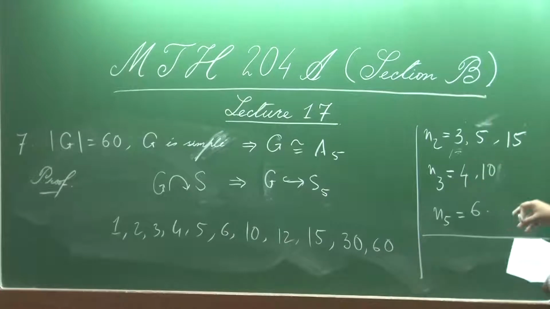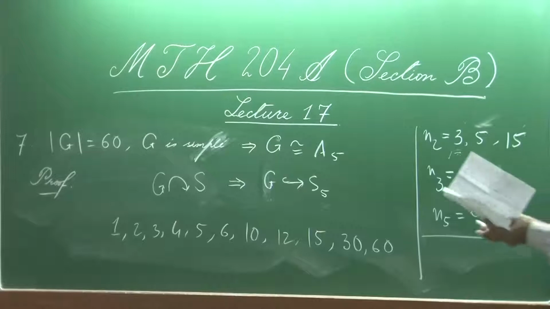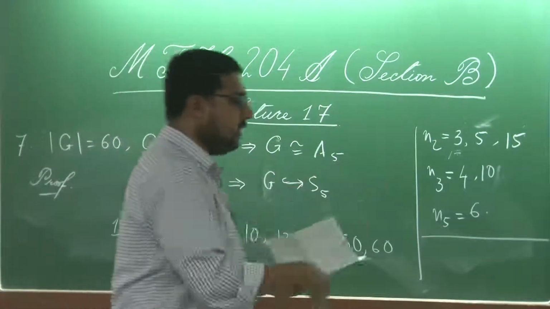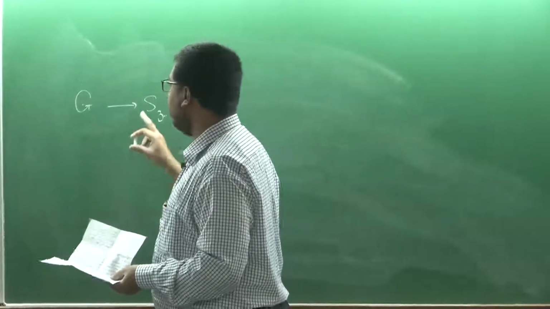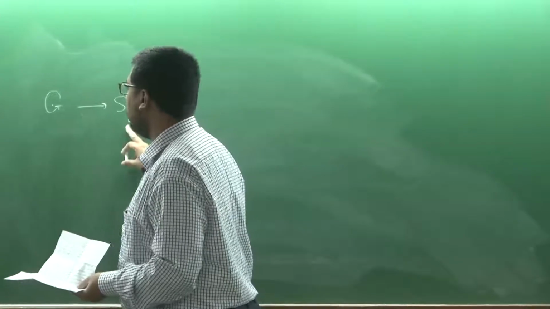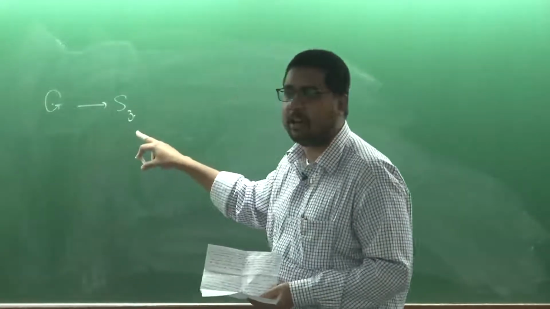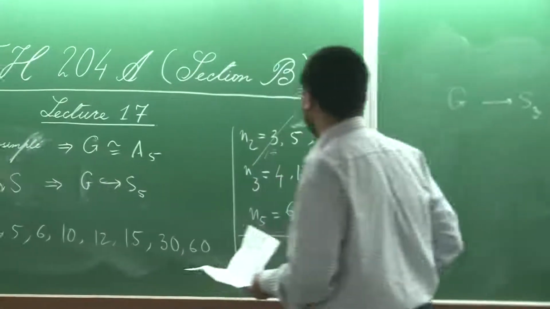If N2 is 3, that means G acts on the set of 3 Sylow 2 subgroups by conjugation, and that leads to a homomorphism from G to S3. Since the action is transitive, this homomorphism cannot be trivial. But again, because of simplicity, it has to be injective, but that cannot happen because S3 has fewer elements. So, this possibility has now been ruled out.